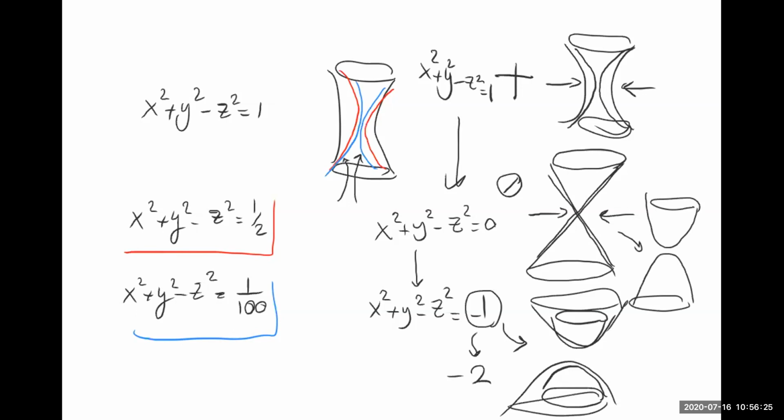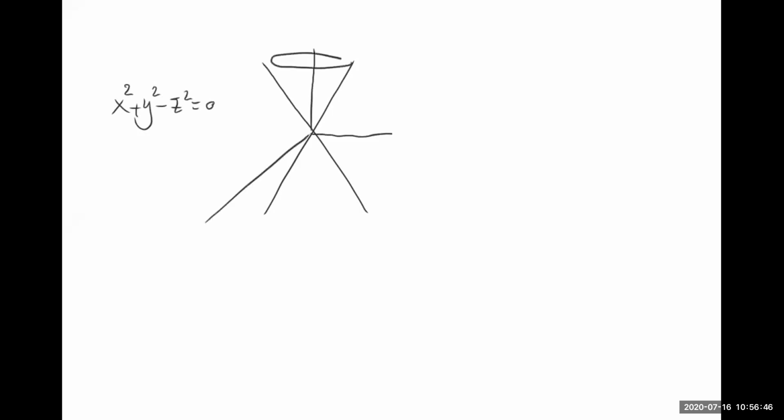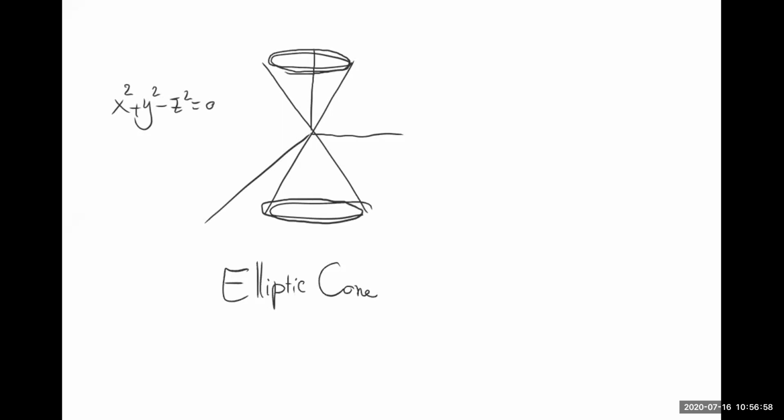So we can think about these surfaces as all of them are kind of similar. This new thing is called elliptic cone. This is quite important. This one, x squared plus y squared minus z squared equals 0, is in direction of z. It's called elliptic cone. Why is it called elliptic? Because if you look at sections of this thing, you would see an elliptic curve, an ellipse.